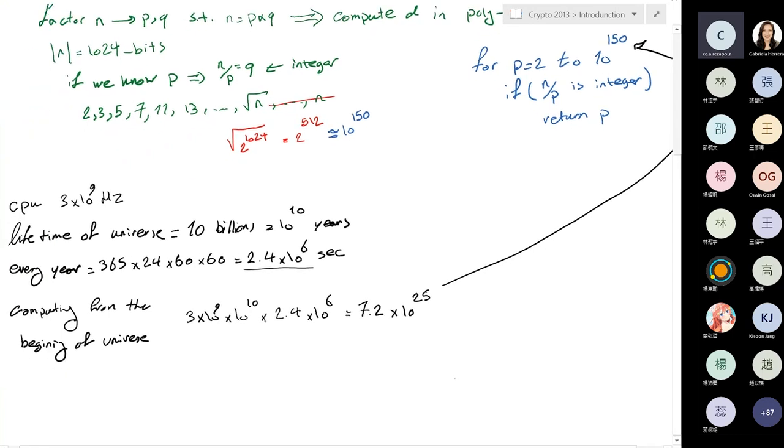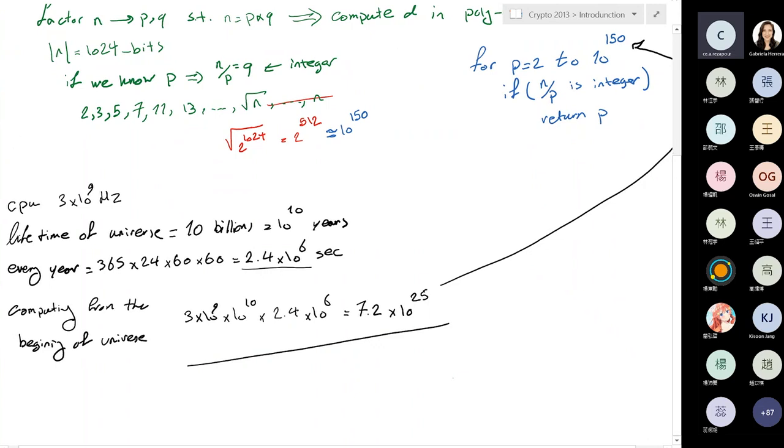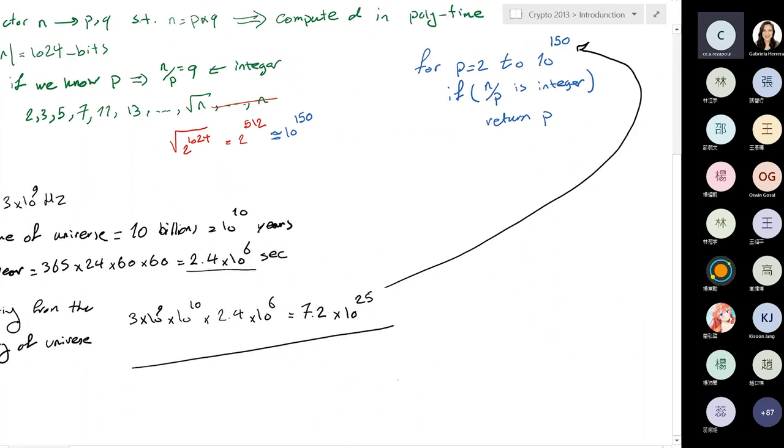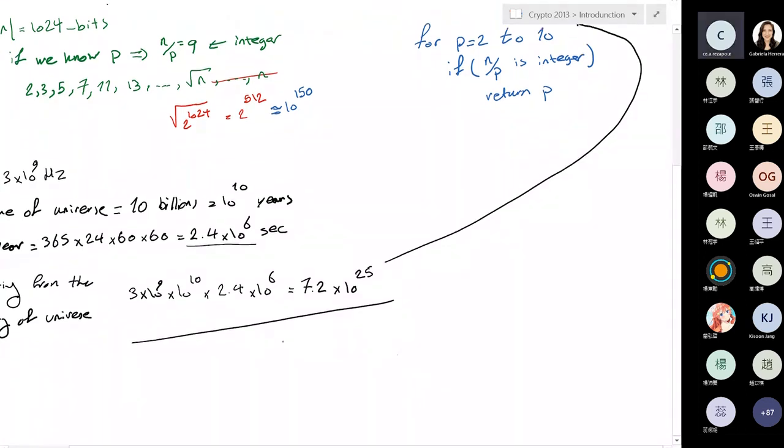Somebody would jump in and say, what if I had access to parallel computing? You're just giving me one CPU, and I am only able to do this on one CPU. What if, in the beginning of the universe, we had more cores and more CPUs? Then my answer is, of course. Suppose that we have 10 to the power 80 CPUs, computers, which is roughly the number of atoms in the universe.